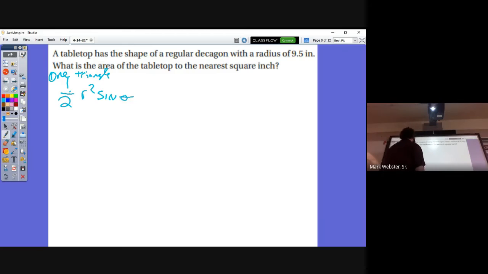let's identify our R. Let's identify our angle. Well, they give us the radius right here is 9.5. And then the angle, well, it's a decagon. I'm not going to try and draw that. That's beyond me as a human being. But there's 10 sides.